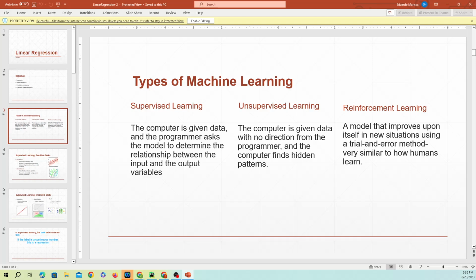The task is to determine if an email is spam or legitimate, and the performance is how accurately your machine model did. In supervised learning, the computer is given the data and the programmer asks the model to determine the relationship between the input and the output variables. Okay, so going back to the example.